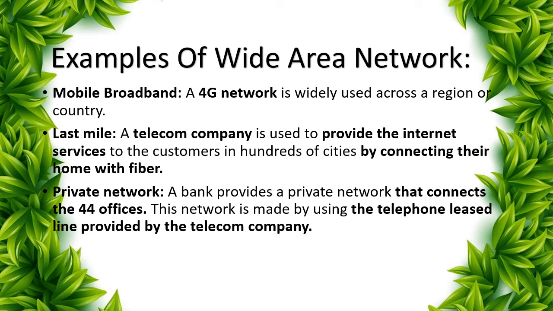We want to connect within their network only. For that also we can use a wide area network. It connects up to 44 offices. So in this private setting, they are using it for the company.